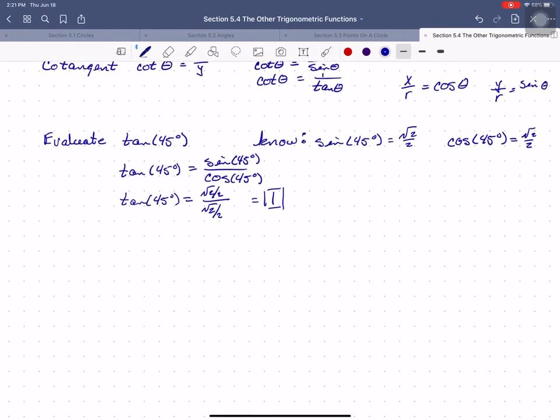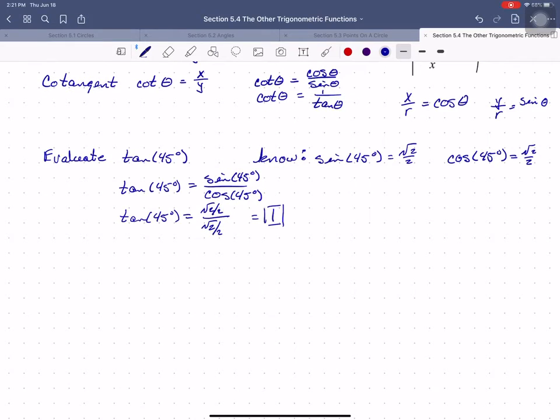Let's try another one. Let's try the secant of 5 pi over 6. Okay, so the first thing we have to do is figure out where we are on our unit circle. So let's sketch our unit circle. We know that 5 pi over 6 is one of our special known unit circle values.